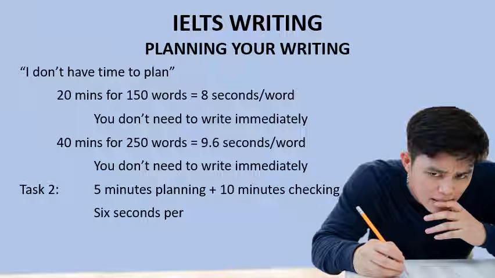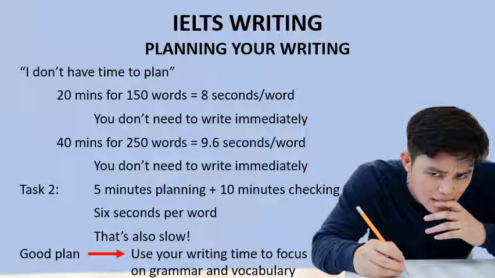You see, even that is slow. That's 6 seconds per word. You have lots of time to plan, and a good plan means that you can use your writing time to focus on grammar and vocabulary instead of your ideas. So make sure you plan.